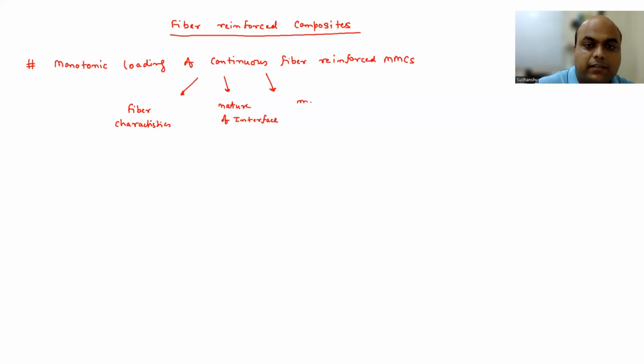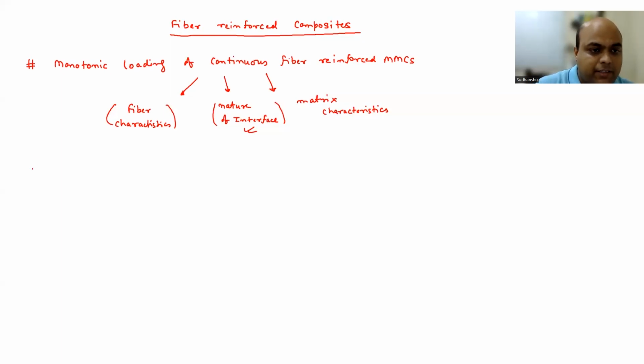And the third is matrix characteristic. It depends upon the volume fraction of the fibers, nature of the fiber, etc. Second, which is the important one, is the nature of the interface, and we'll talk predominantly about how it affects the monotonic behavior of continuous fiber reinforced MMCs.